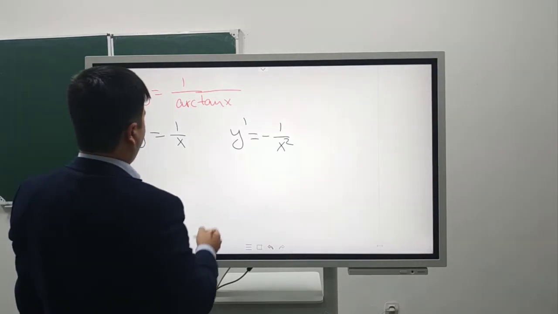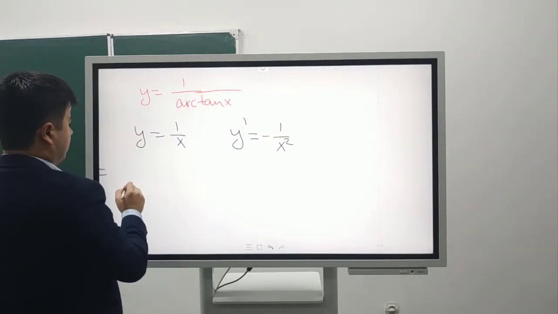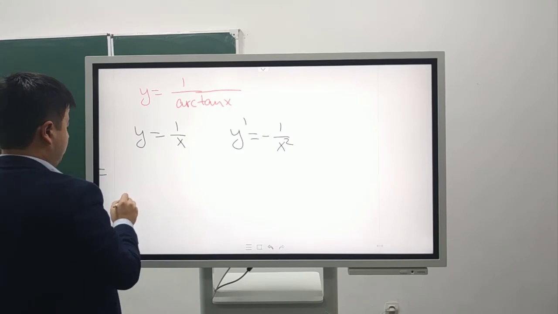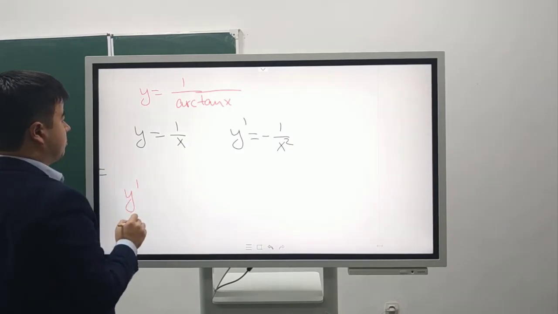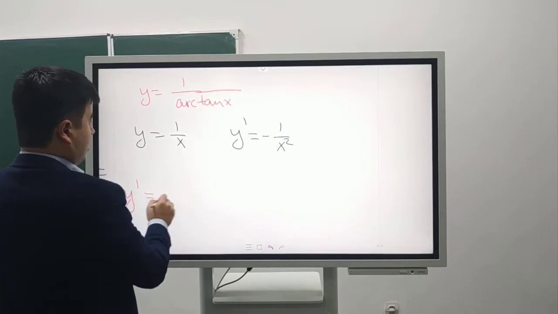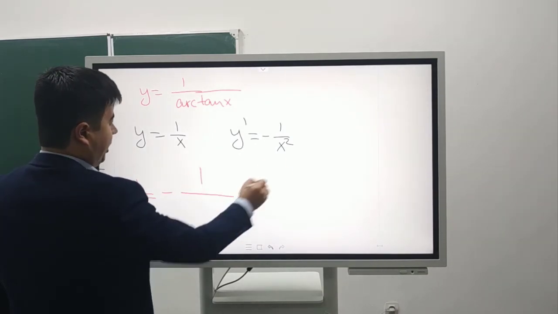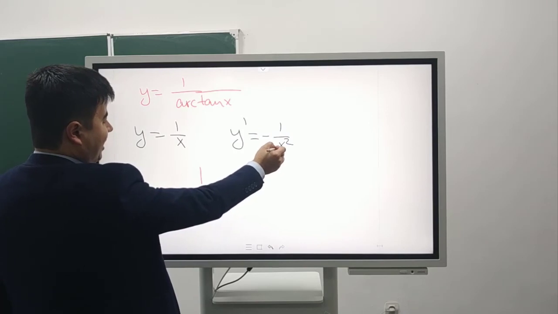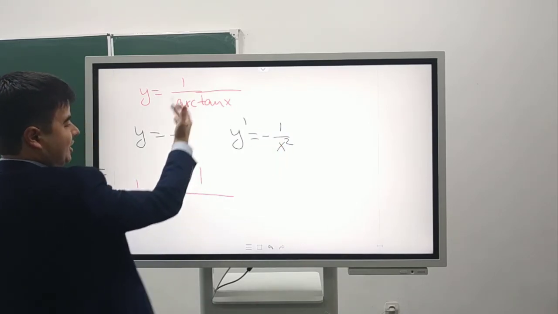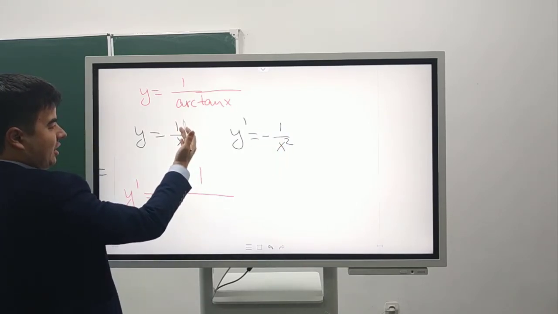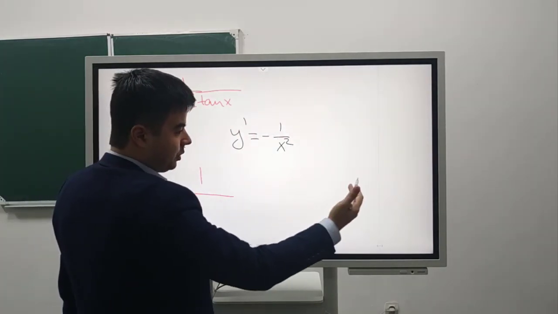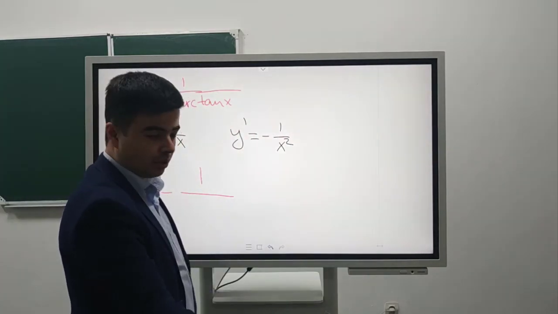So now here we have the y derivative in our example. The y derivative is minus, let's use this one, because as x we have arctangent x here. And then we need to multiply by the derivative of arctangent x also.